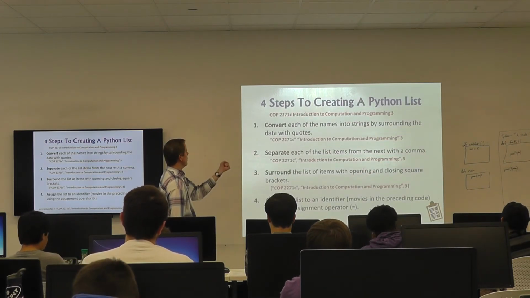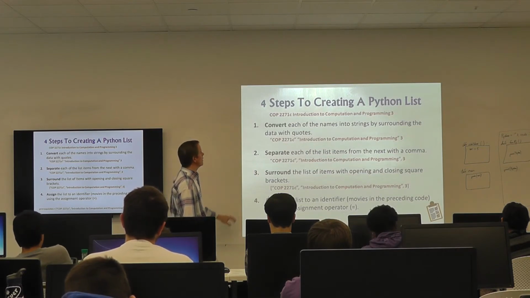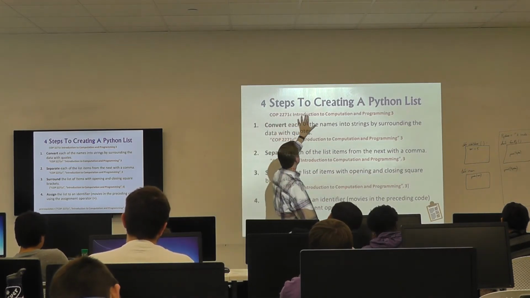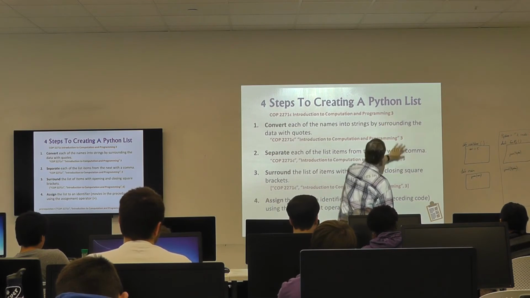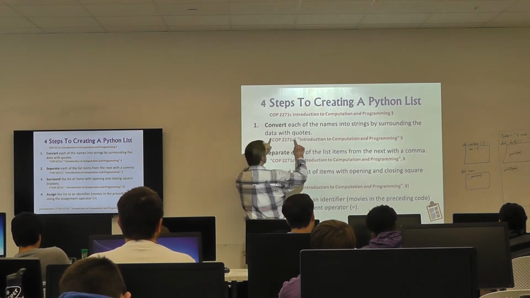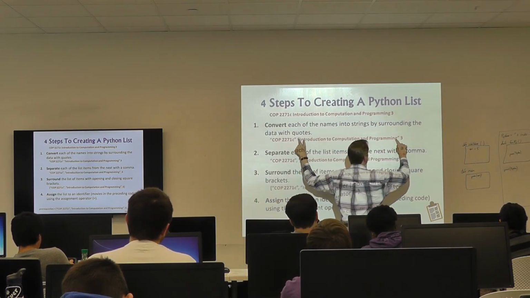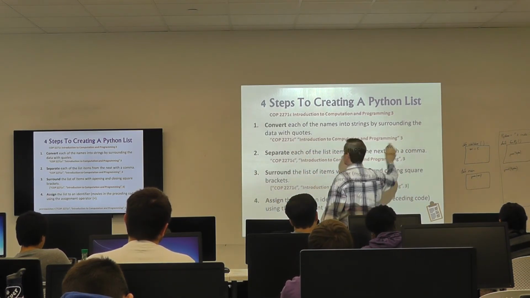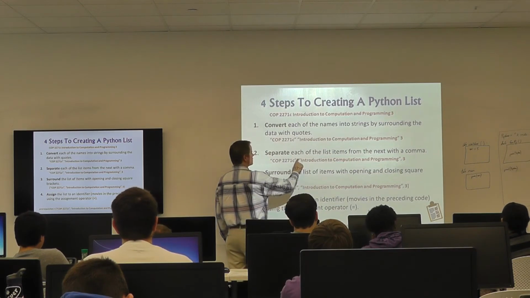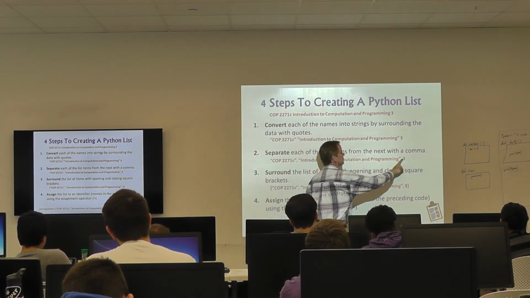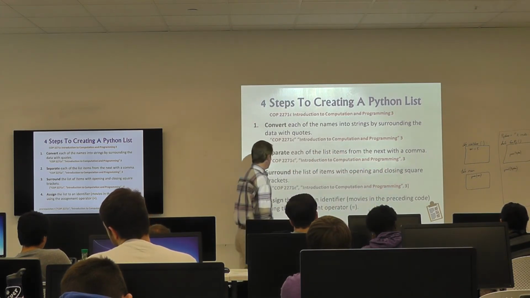4 steps to creating a Python list. Our buddy, Mr. List, right? COP2271C, Introduction to Computing and Programming, 3. The very first thing we did is we put quotes around each one of those strings. COP2271C, Introduction to Computing and Programming has quotes, and then 3 does not have quotes because it's a number. The next thing we did is we stuck a little comma in between each one of the items, so the 3 items showed up.